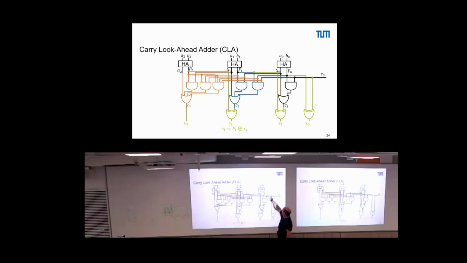So, propagate, carry, sum bit 0, propagate 1, carry bit 1, sum bit 1, propagate 2, carry bit 2, sum bit 2. There is no propagate 3, so we can take the carry 3 as the most significant bit, right? So, we have now another structure for our adder. That's exactly the same in a different way.